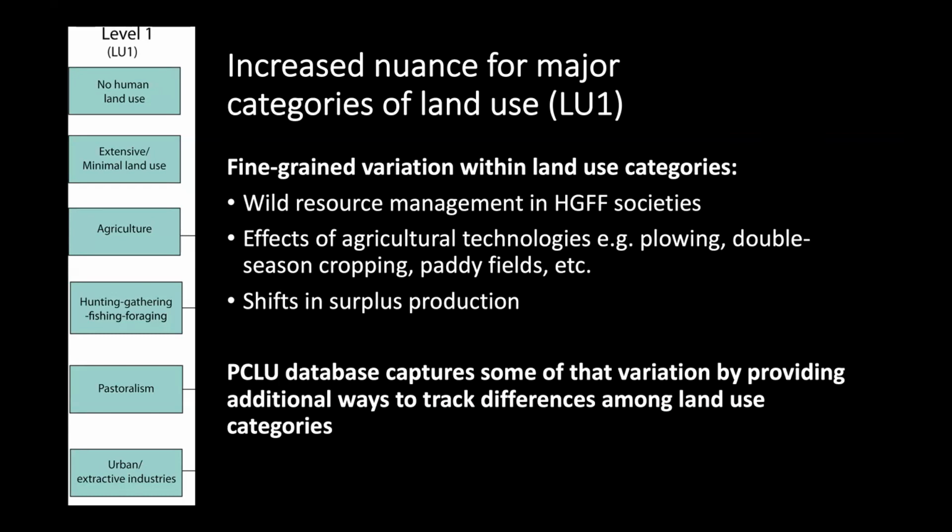So this PCLU database is capturing some of that variation, giving us ways to track differences among land use categories, and hopefully can help inform ALCC models by giving more of this nuance.